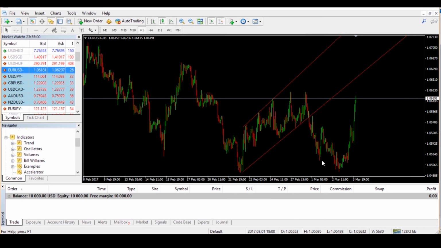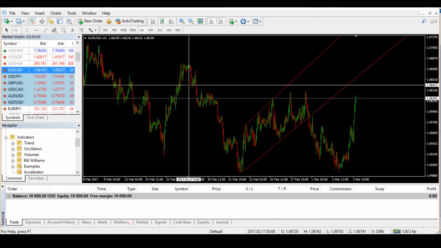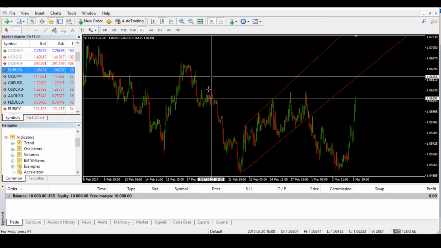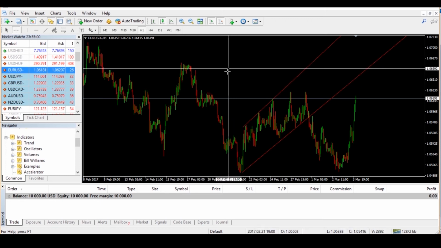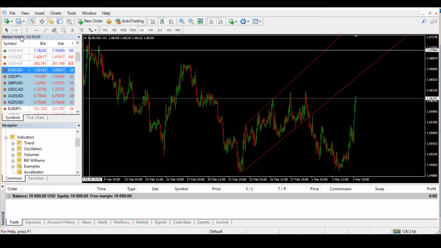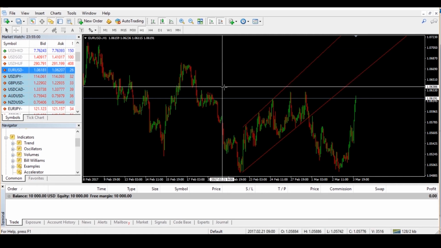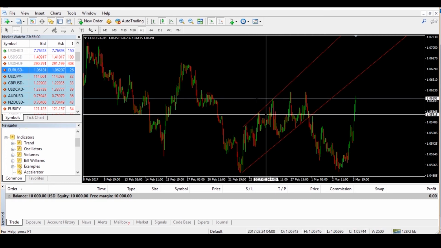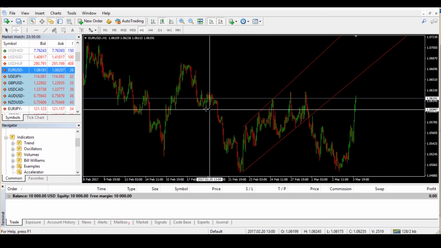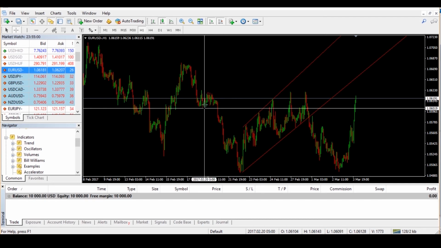Okay, now I know right now you might be a bit confused about what this thing is. This is called a crosshair. You'll find it over here, or you can press Control F and it'll bring it up for you. Your crosshair basically helps you measure what is going on in the market. So if I want to measure the number of points from the top to the bottom, then you'll see that the first figure is 0, because that is how many candlesticks have moved over.